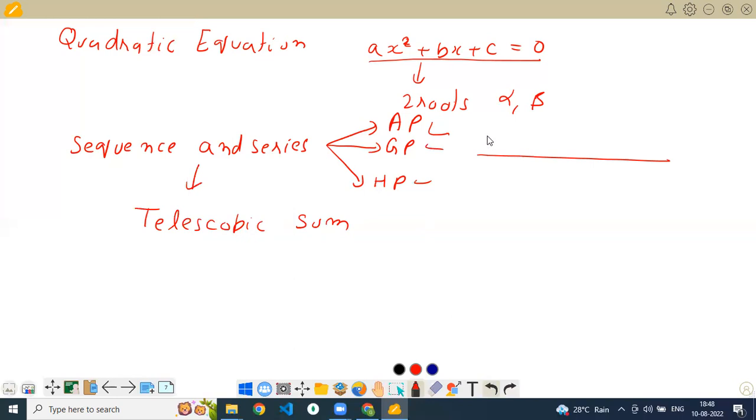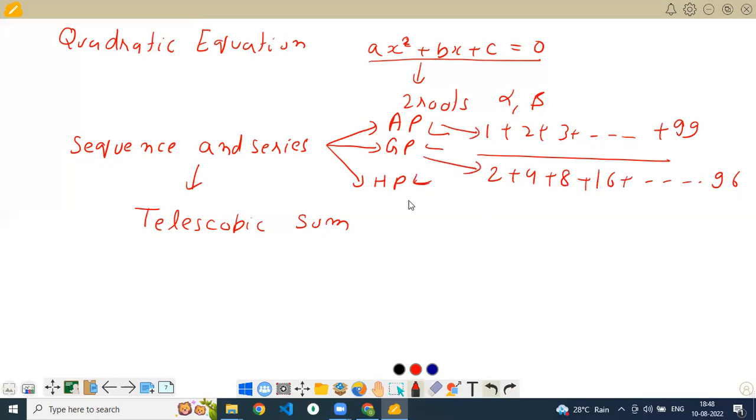For example, we have to find 1 plus 2 plus 3 plus ... plus 99, or 2 plus 4 plus 8 plus 16 plus ... plus 96. This is arithmetic progression, this is geometric progression, and harmonic progression is something special. There are formulas for all these, and the last topic is telescopic sum.